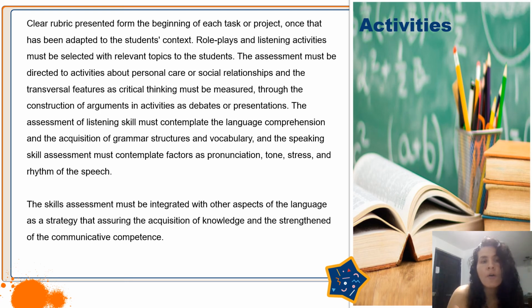The assessment of listening skill must contemplate the language comprehension and the acquisition of grammar structures and vocabulary. And the speaking skill assessment must contemplate factors such as pronunciation, tone, stress, and rhythm of speech according to the descriptor of the learner at the level that they have, that is A2.